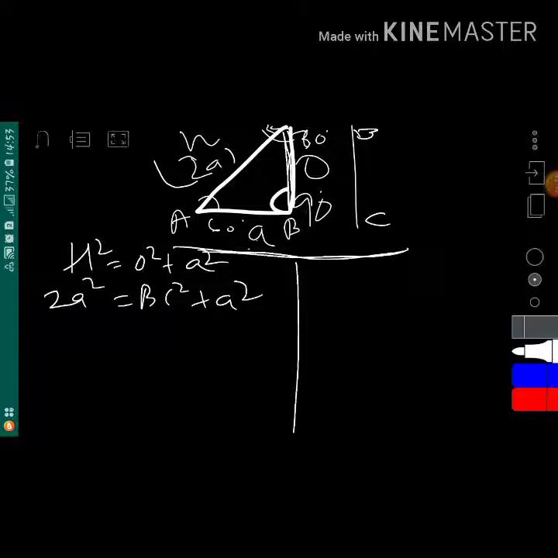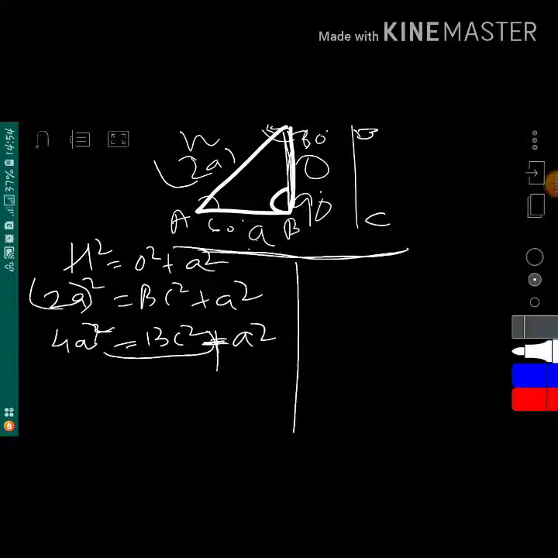So 2A, when you square it out, it will become 4A square, because this will be 2A the whole square. 4A square is equal to BC square plus A square. This is plus, and when this plus comes here, it becomes minus. So 4A square minus A square is equal to BC square. This becomes 3A square is equal to BC square.